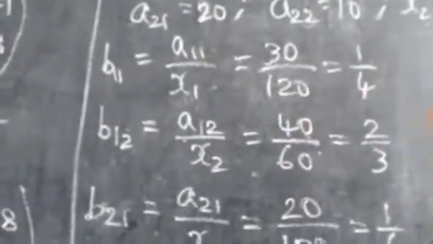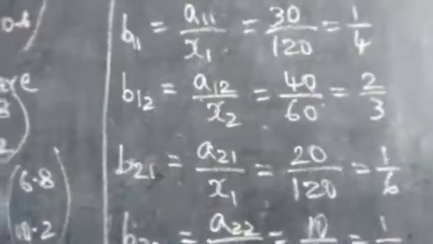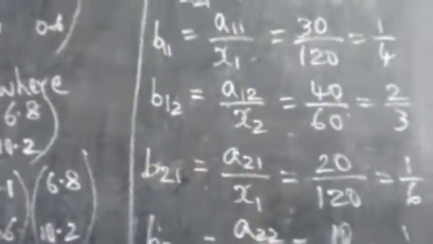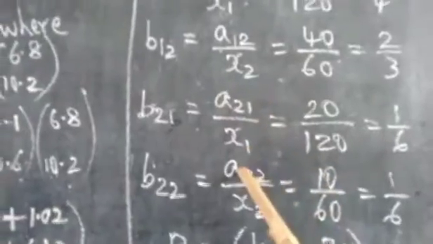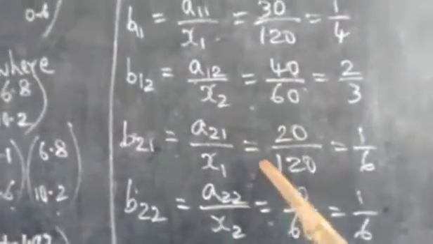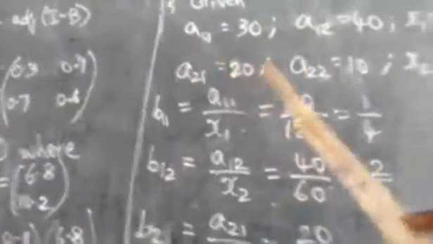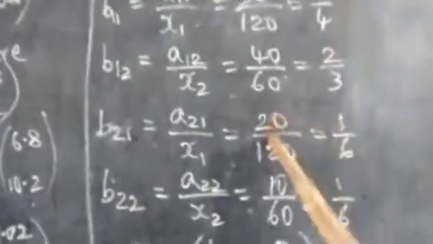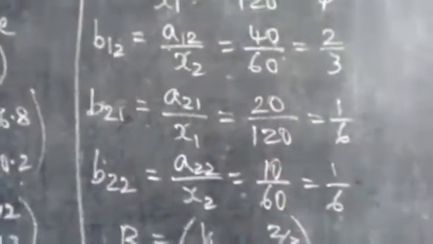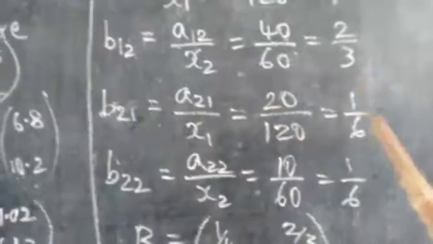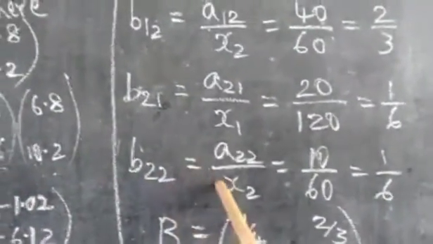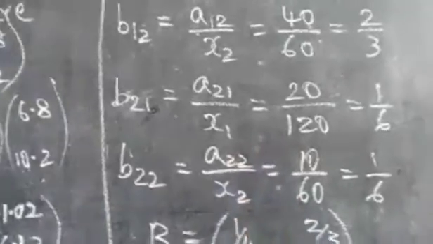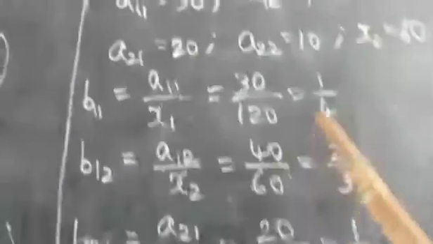Is it okay? Now we will go for B21. How can I find B21? Let us take A21 divided by X1. A21 is 20 by 120. Cancelling 0 and 0, 1 2s are 2, 6 2s are 12. So 1 by 6. Next we have to find B22 is equal to A22 by X2, which is 10 by 60.